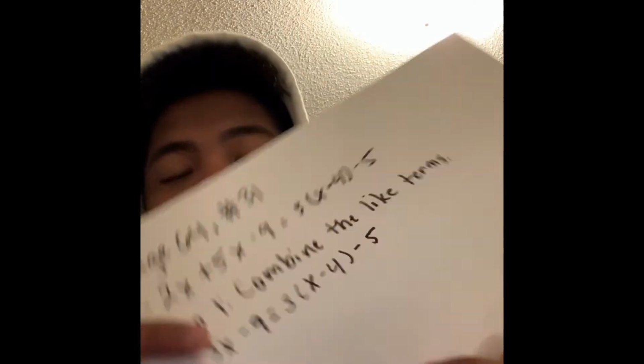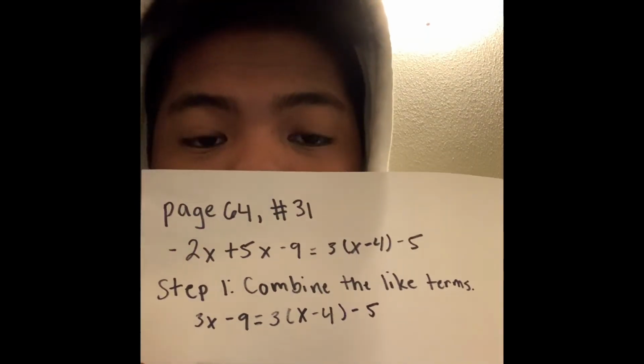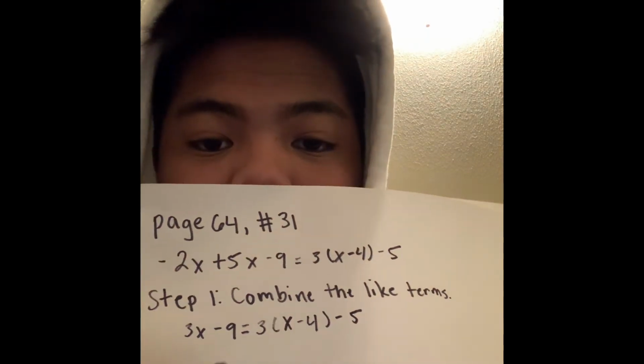When you combine the like terms, you will get 3x minus 9 since negative 2x plus 5x equals 3x. Then you bring down the 9, which gives you 3x minus 9 equals 3 times x minus 4 times negative 5. So your paper should look like this right now.